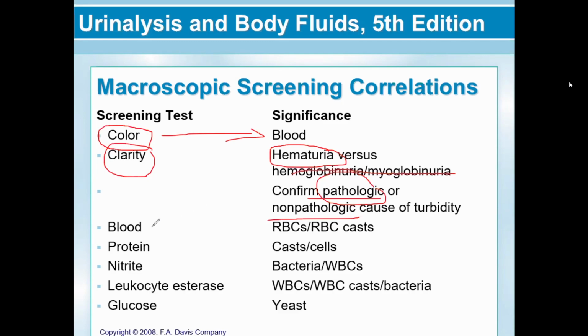What else? Red color in our urine may indicate the presence of red blood cells or red blood cell casts. An example is our patients with glomerular damage, which we discussed before in the physical exam.